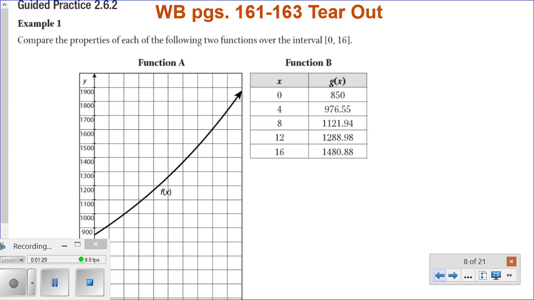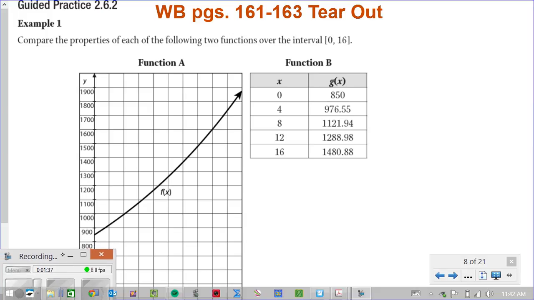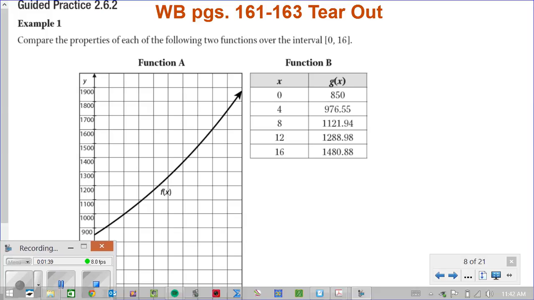We're going to do the guided practice problems, example 1, 2, and 3. So you could have followed along with me. If you don't have your workbook page, then get out just a piece of notebook paper and write down workbook page 161, example 1. So pause the video, get yourself ready, and then come back and we'll start working the problem.